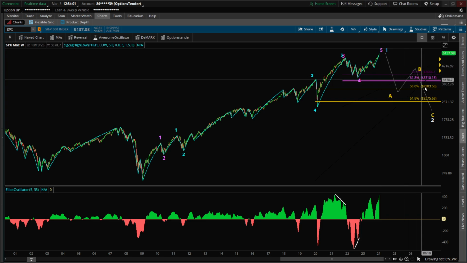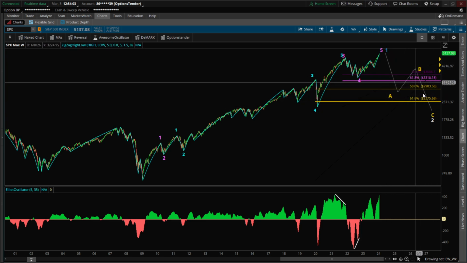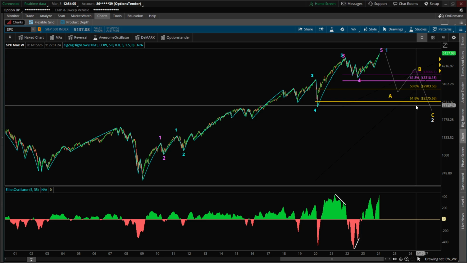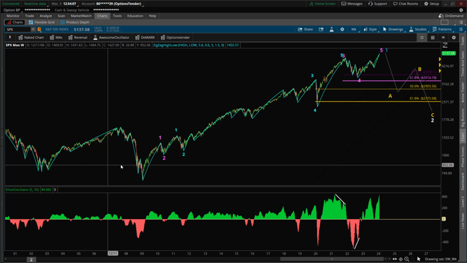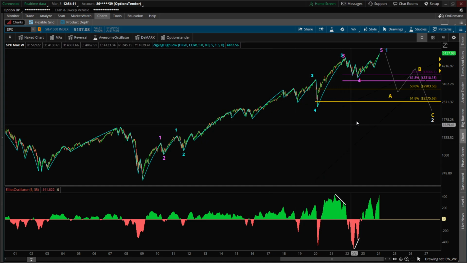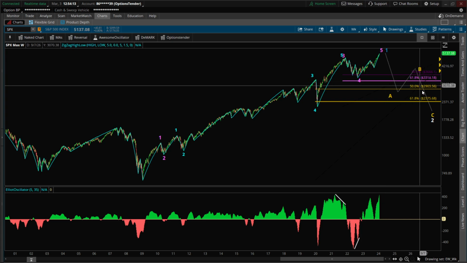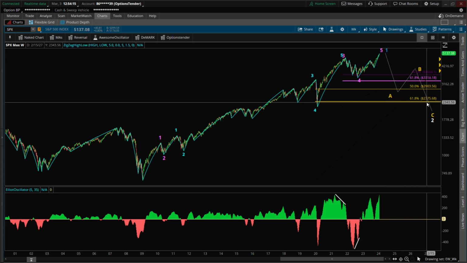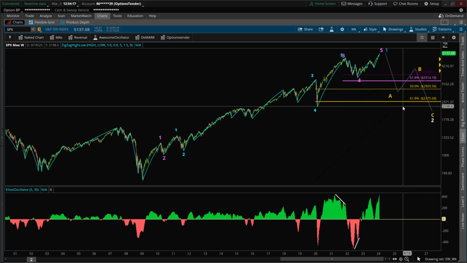That's a huge move. That's a devastating move. So it looks small in comparison to the big picture, but when and if this happens, that's going to be very bad for the economy. Things are not going to look good. It's going to be quite the recession.